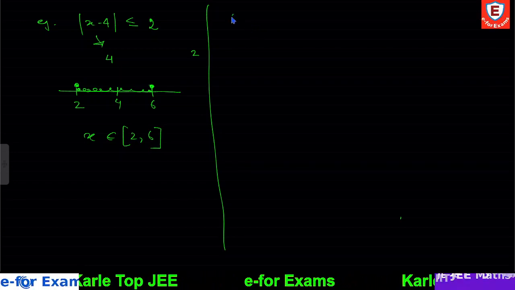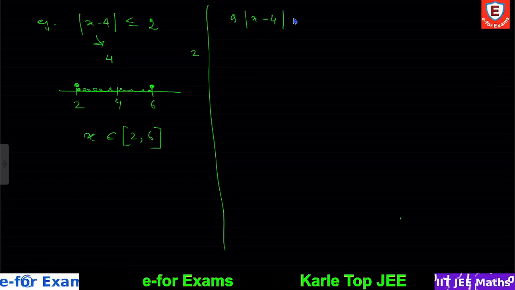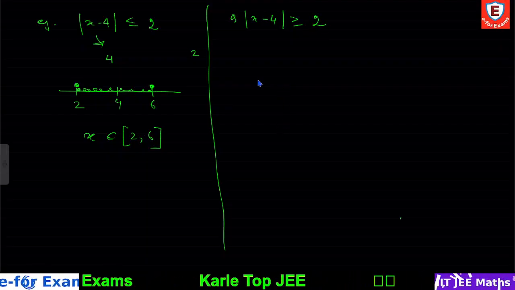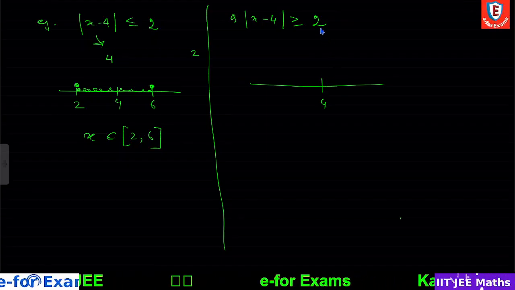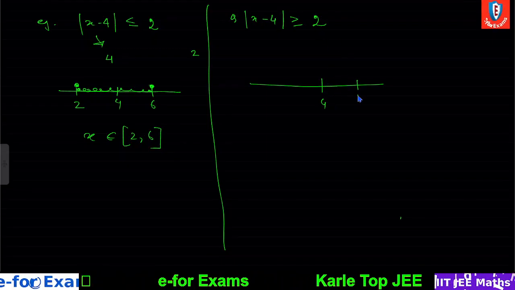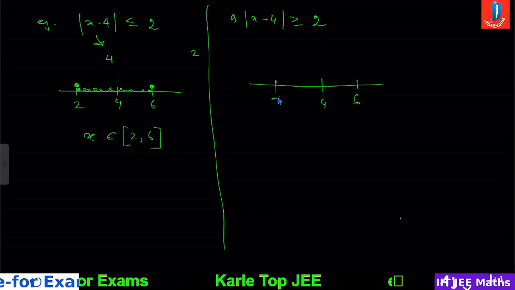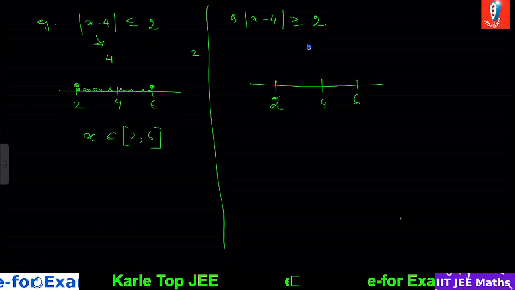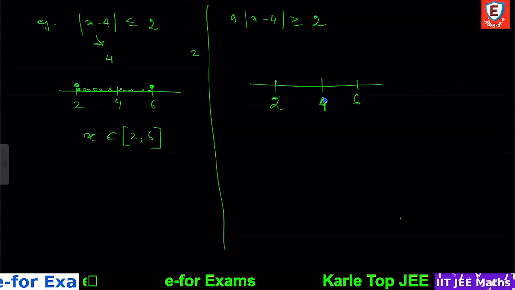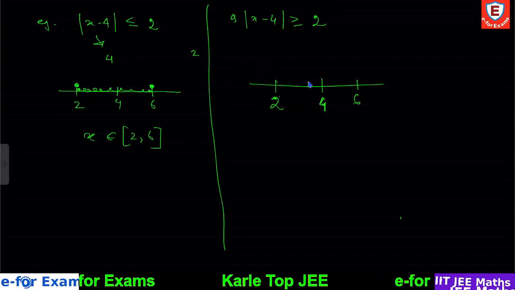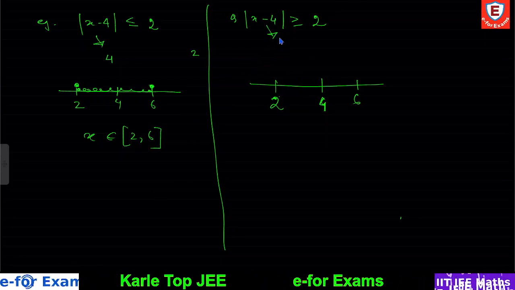And if the question is mod of x minus 4 greater than or equal to 2, in this case the critical point is 4. 4 plus 2 is 6, 4 minus 2 is 2. We have done this method in an earlier class, in lecture number 3. Here the critical point is 4.